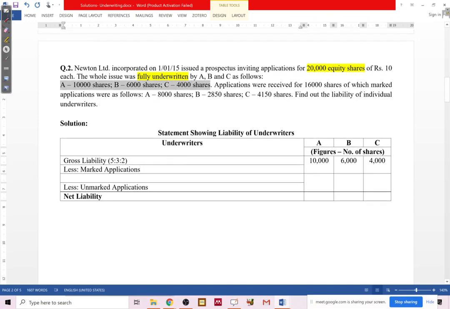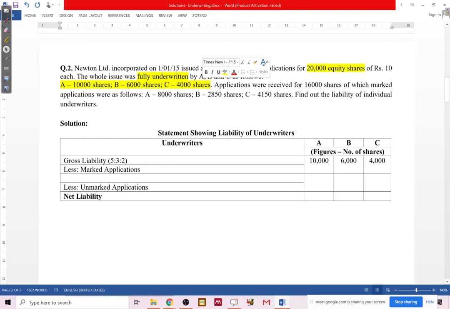So, we have taken our gross liability, and applications were received for 16,000 shares. Now you have to keep taking a mental note of all this information. You issued 20,000 shares, but received applications for 16,000 shares, which means your issue was undersubscribed.